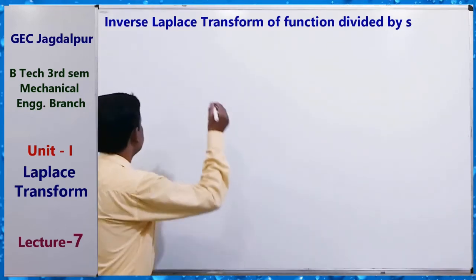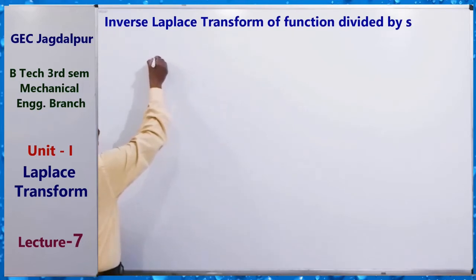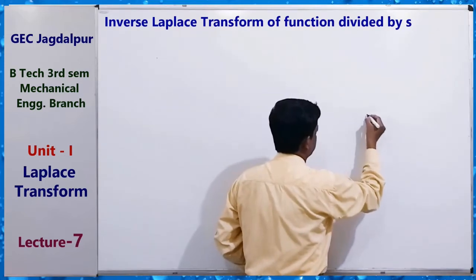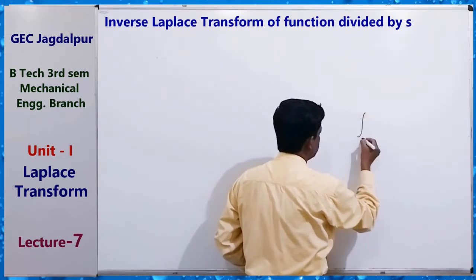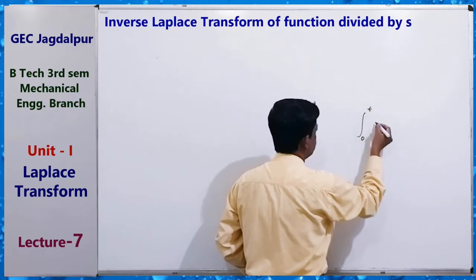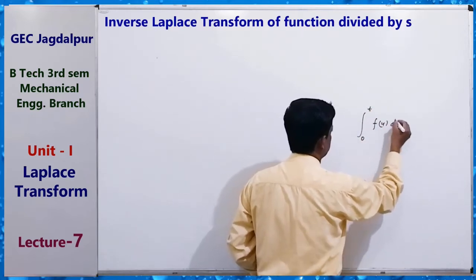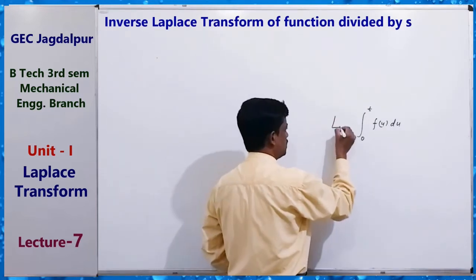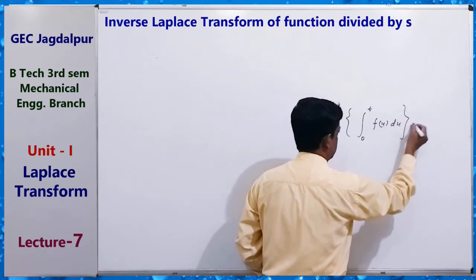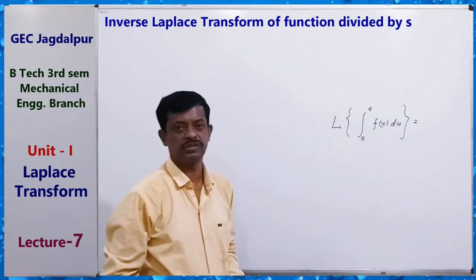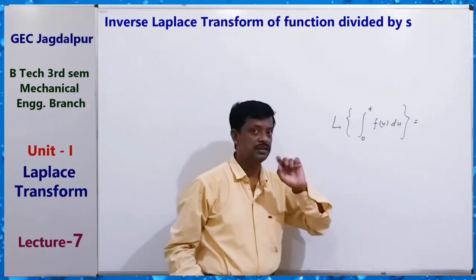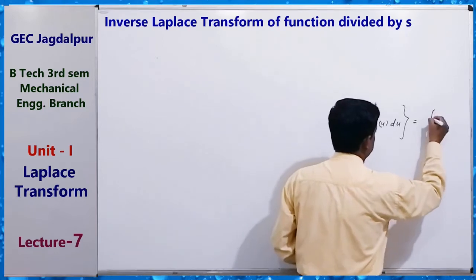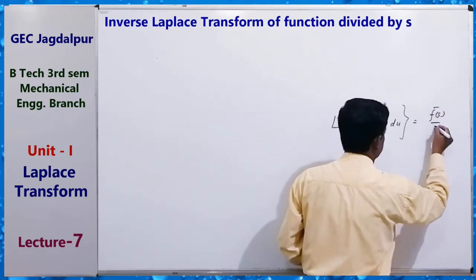Here we know that the integral from 0 to t of f(u) du, by using the formula of Laplace transform, the Laplace transform of the integral is equal to F bar(s) upon s.